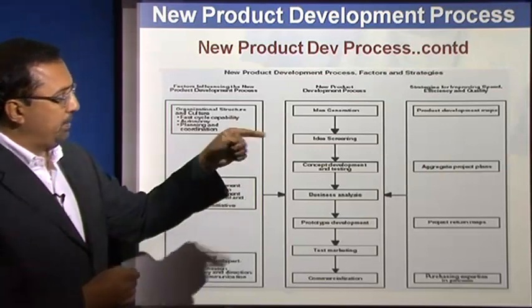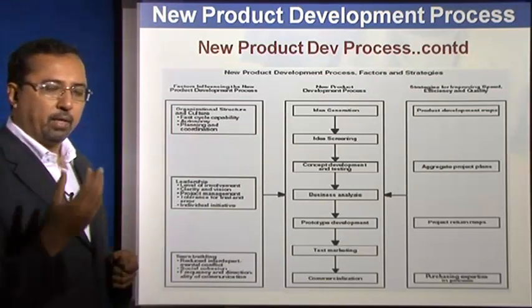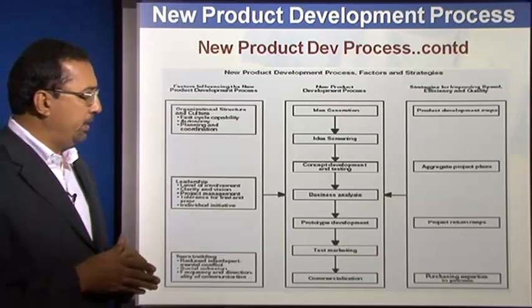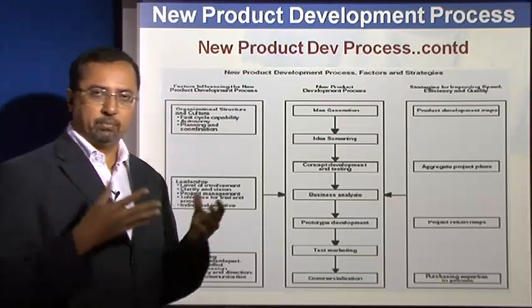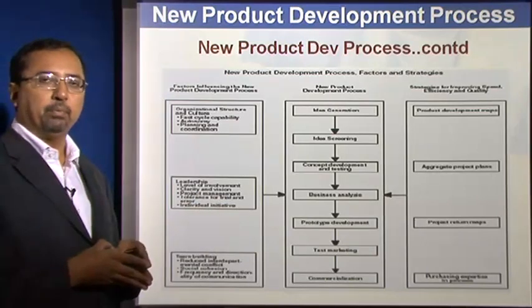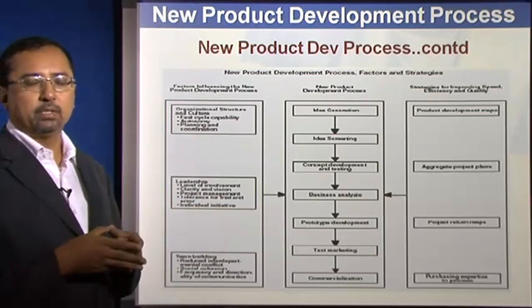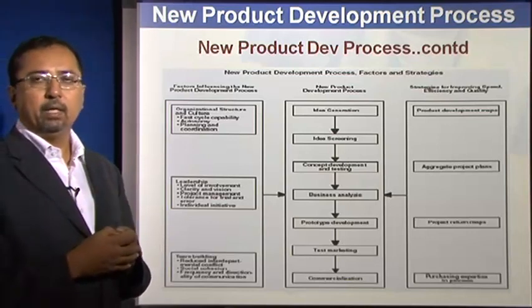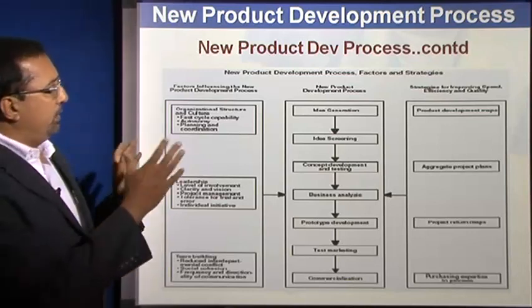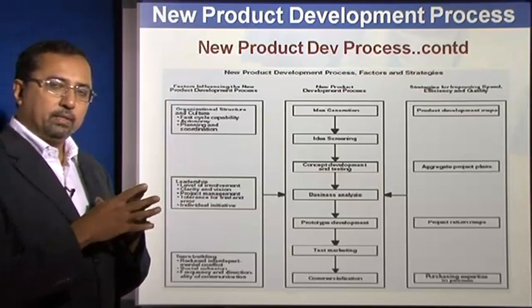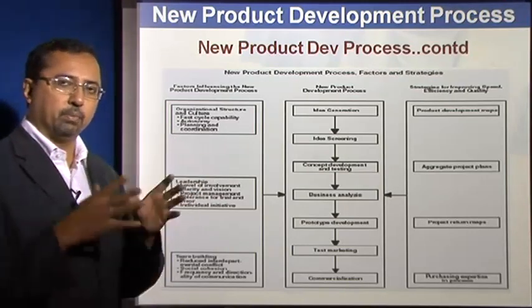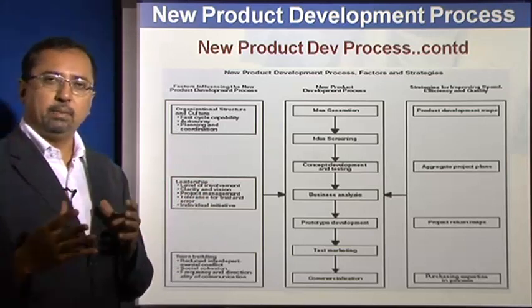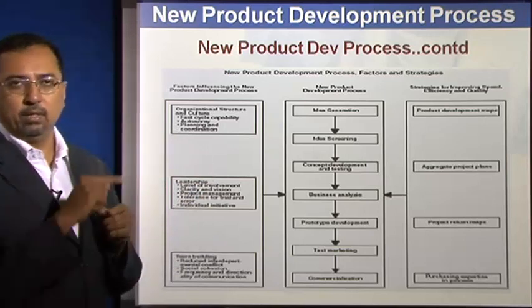So there are aspects out there you can have, like product development maps that you can create, or project return maps, or purchasing expertise. Better sourcing, for example, can help you develop things at a much lower cost, having outsourcing relationships, and so on and so forth. So what we are trying to say here is there are various things that impinge upon this new product development process, both internal and external, and as a marketer it's important for us to understand all of this.